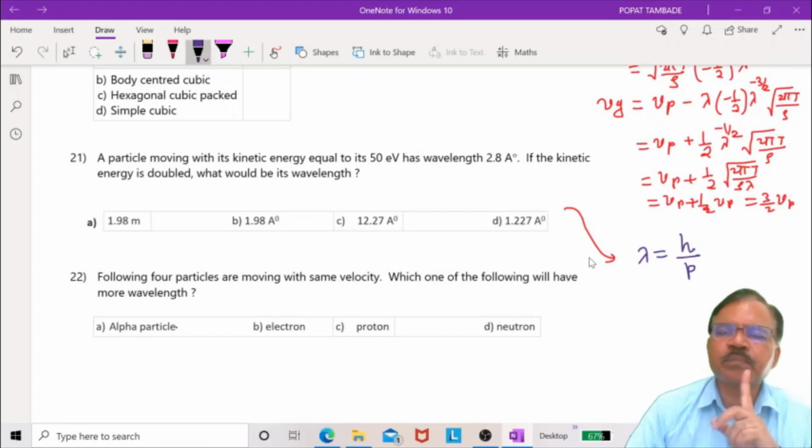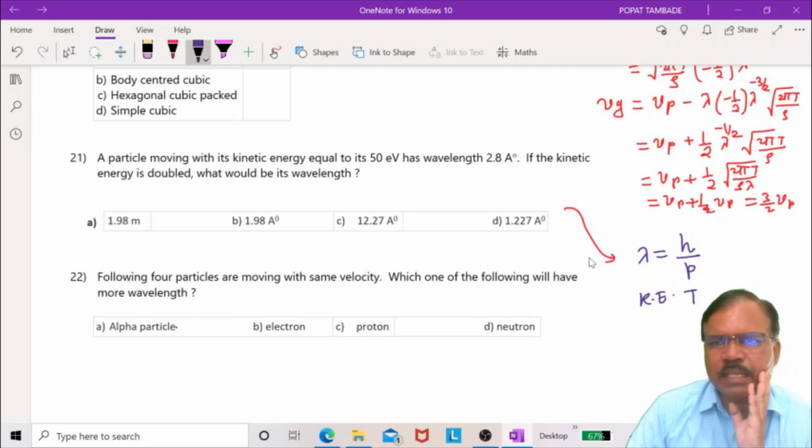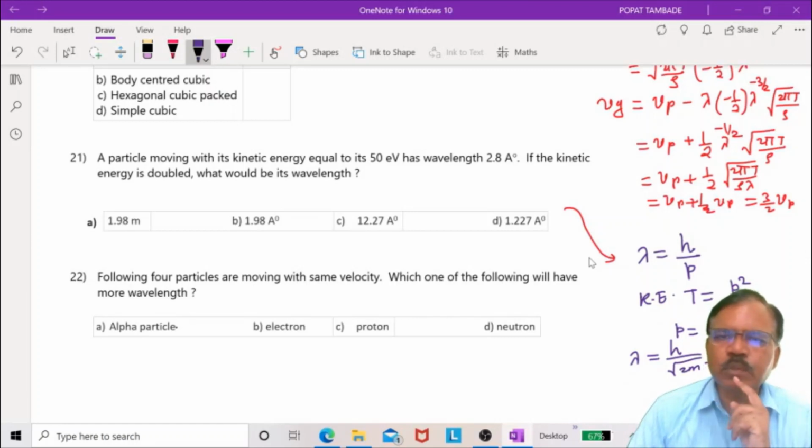P is momentum, and we know kinetic energy T is equal to P square upon 2m. So what is P? P will be root of 2mT. So what is lambda? Lambda is h upon root of 2mT. So lambda is inversely proportional to root of T.